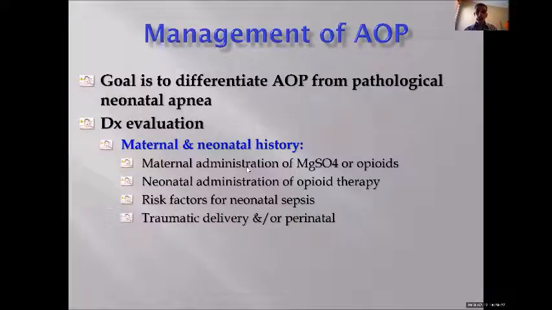How do we manage apnea? The first goal is to differentiate the physiological apnea of prematurity from pathological apnea. And then start by evaluation of the maternal and neonatal history. As we said, magnesium sulfate, opiate in both baby and mom. Looking at factors and risk factors for sepsis, trauma, IVH and asphyxia.